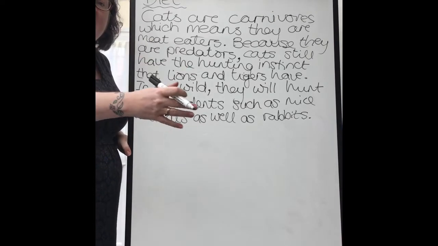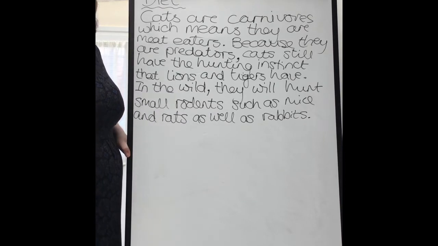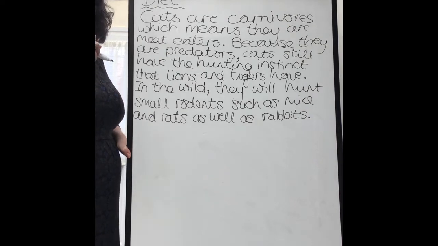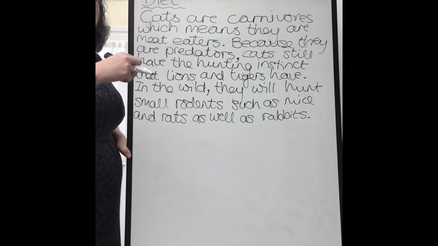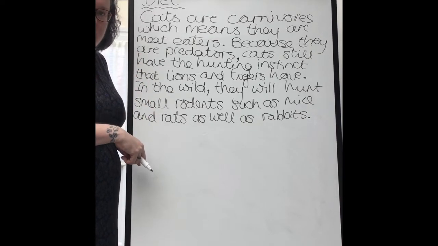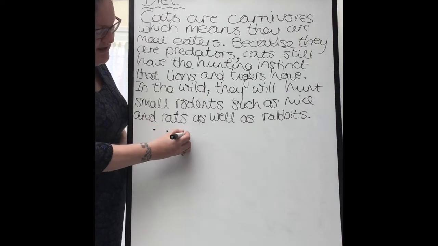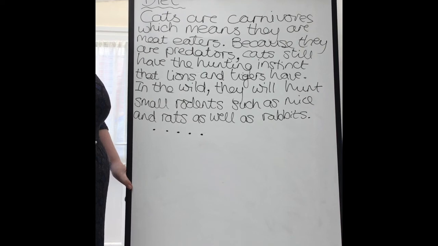Powerful back legs, there's another noun phrase. I could expand it with a conjunction, which are used to help them hunt. But I am going to move on to what cats have, those that live with humans, which, let's face it, is most of them. So I'm just going to put some dots there because that just indicates that's where I would have put all that extra information.